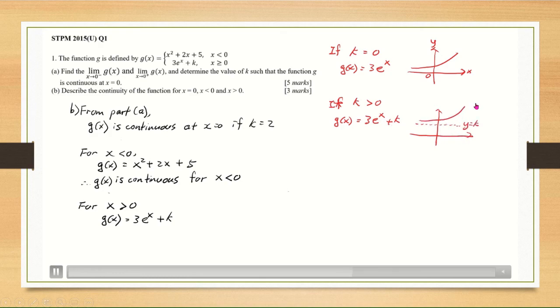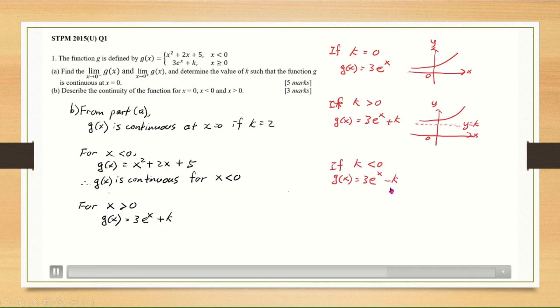When we look at the curve for the region x greater than 0, you can see that the graph is continuous. Then next we go to k less than 0, where k is a negative value.